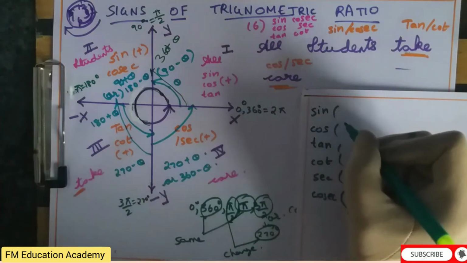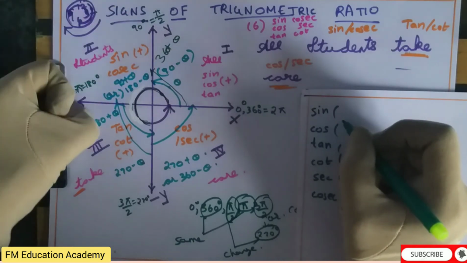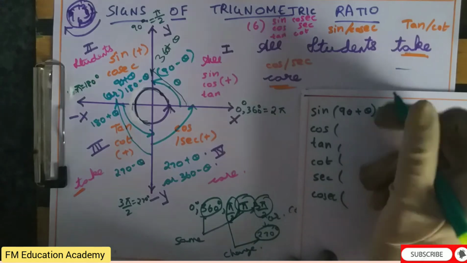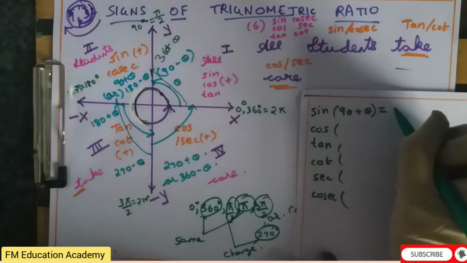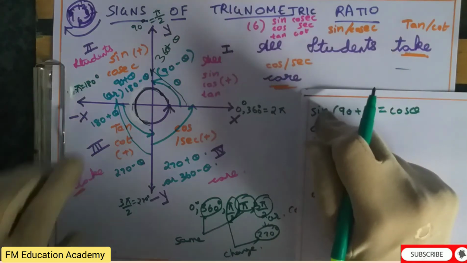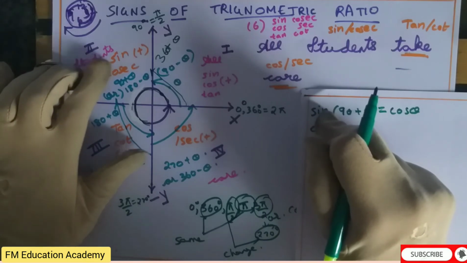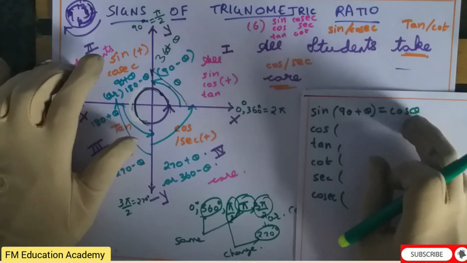Now first we'll write when the angle is coming like this, that is 90 plus theta. So sine 90 plus theta, remember what did I say for 90? 90 and 270 will change the trigonometric ratios. So it is nothing but cos theta. What about the sign? Sine is positive in the second quadrant, so cos theta will be positive.